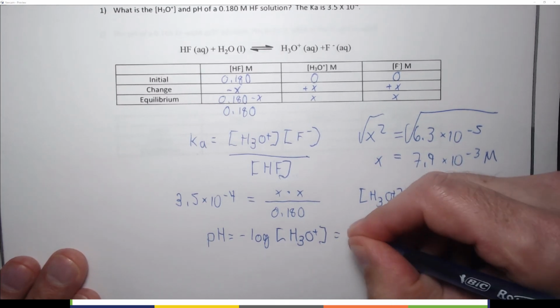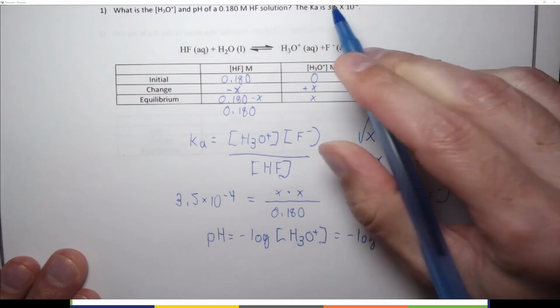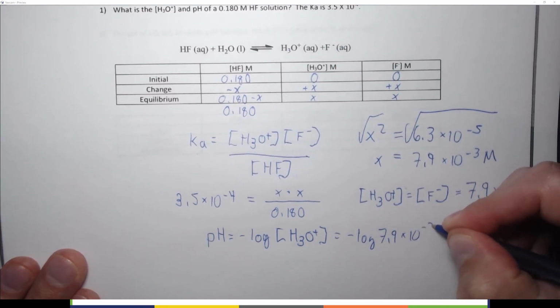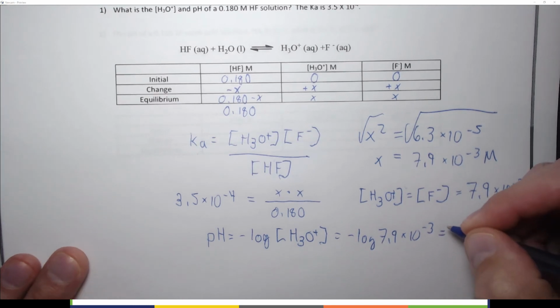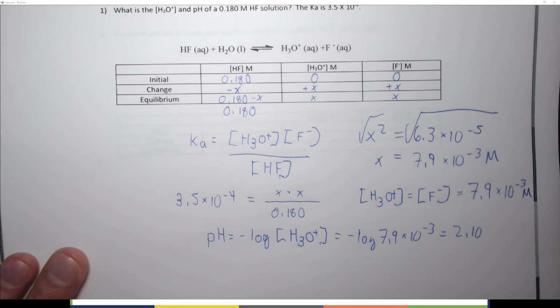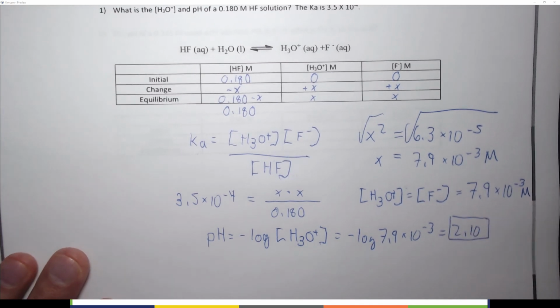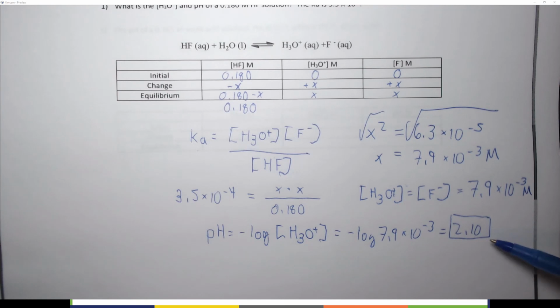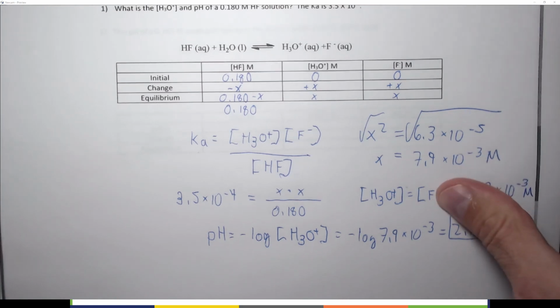So now I'm going to take the negative log of 7.9 times 10 to the minus 3. And when I do that, I find that the pH is 2.10. All right, so this is my final answer. So HF here is behaving as a weak acid, and it's lowering the pH to 2.10, which is less than 7.